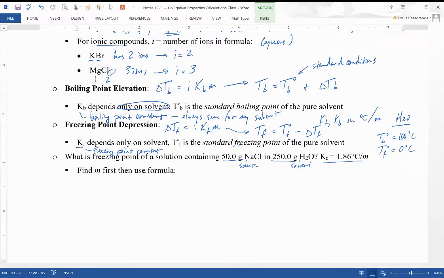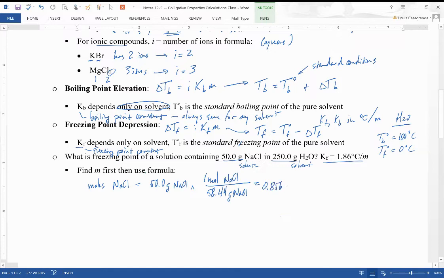Find m first. To find m, we've got to find the moles of the NaCl. So the moles of sodium chloride: we have 50.0 grams, times 1 mole of sodium chloride per molar mass 58.44 grams of sodium chloride, and that gives us 0.856 moles of sodium chloride.